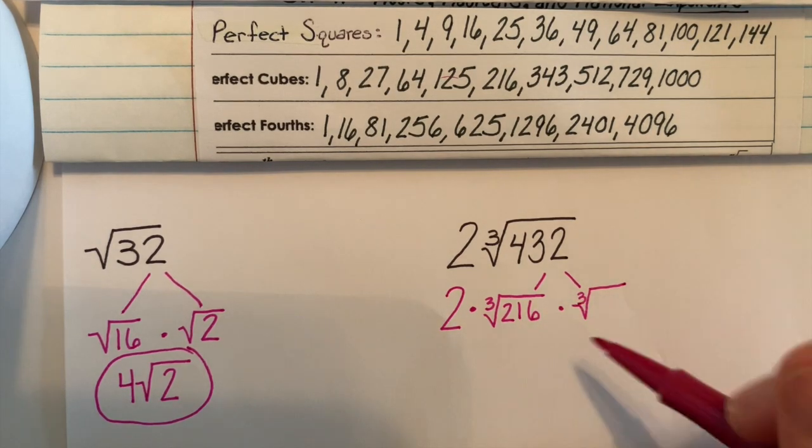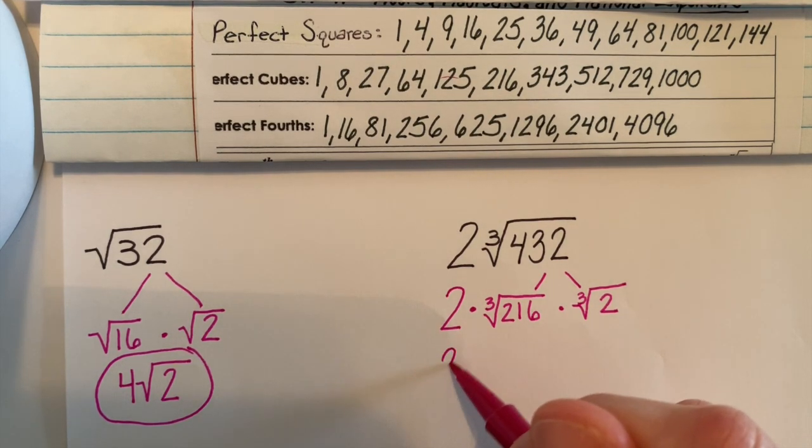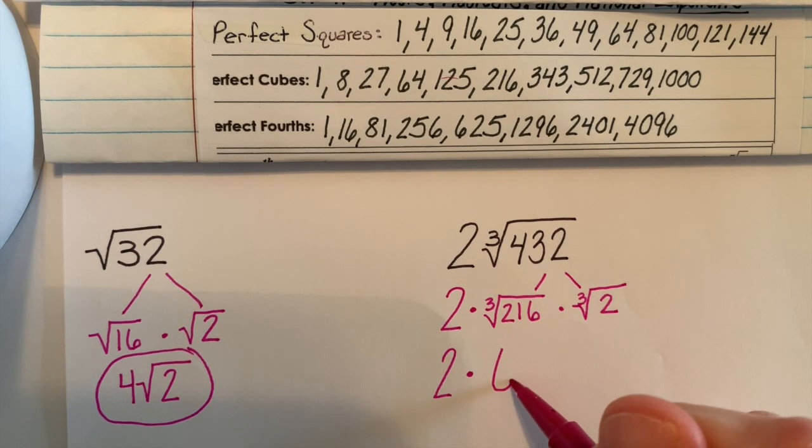Well, in this case, it's 2. We continue our steps from the last problem. So take the cubed root of the perfect number, leave it out of the radical. Bring down the 2 that was already there. What is the cubed root of 216? Should be 6.